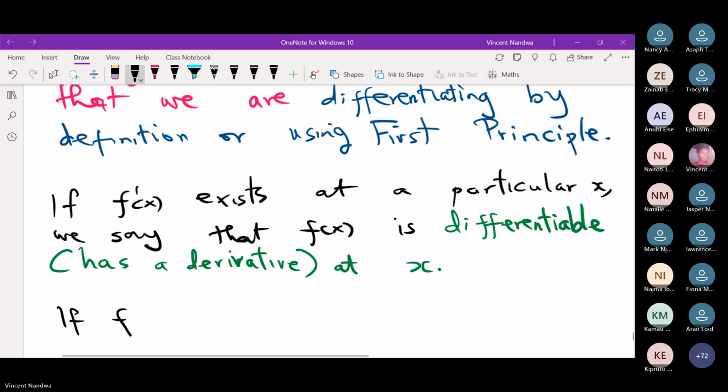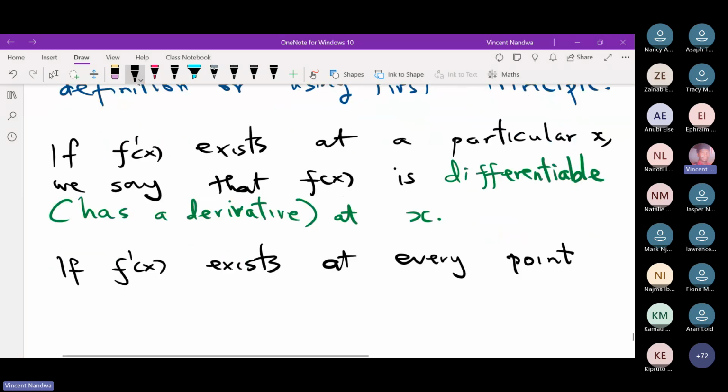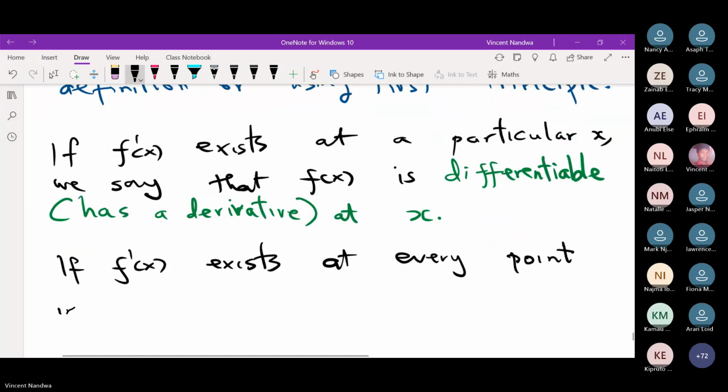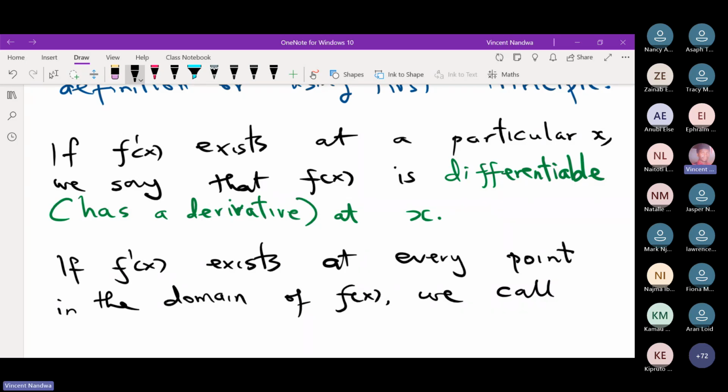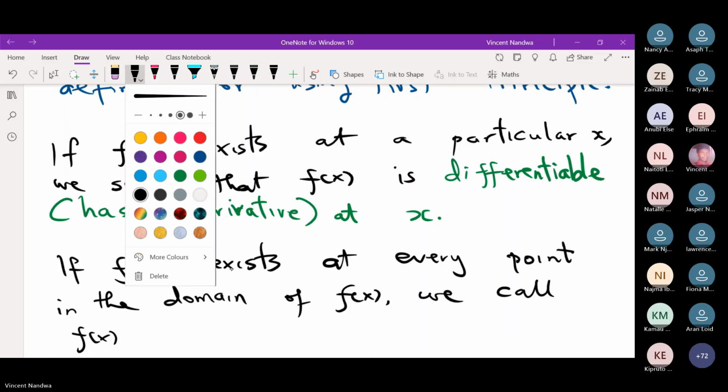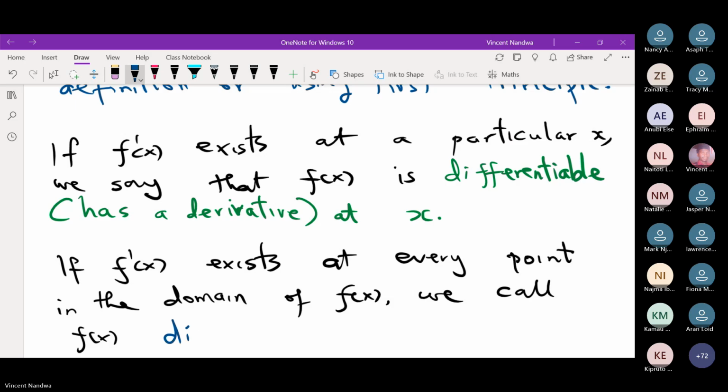Then if f prime of x exists at every point in the domain of f, we call f of x differentiable.